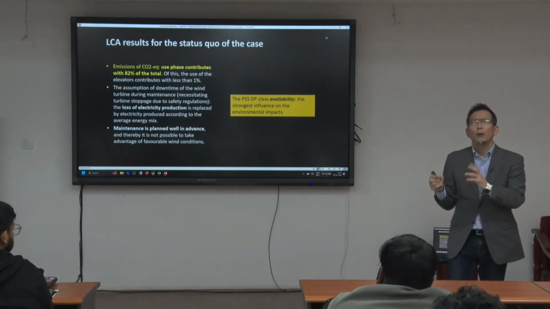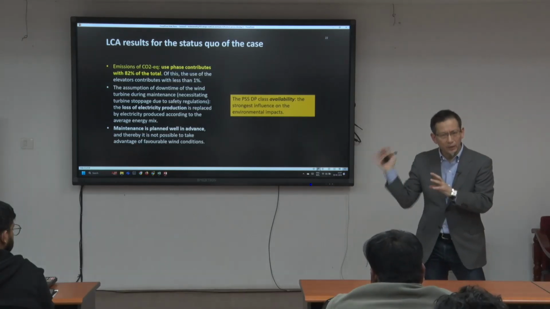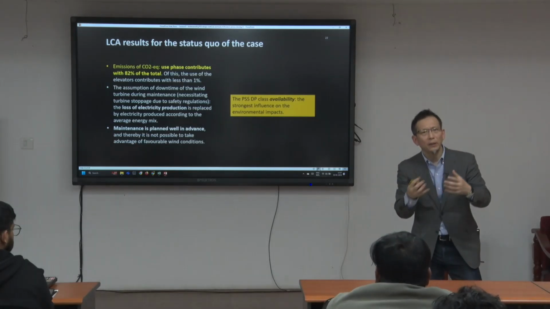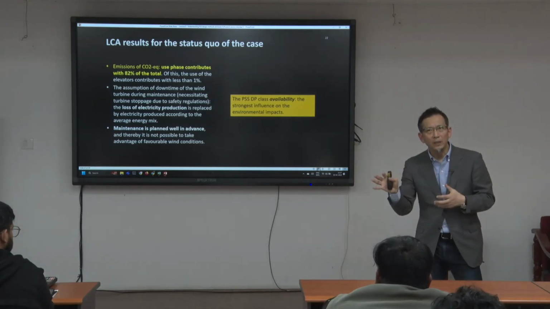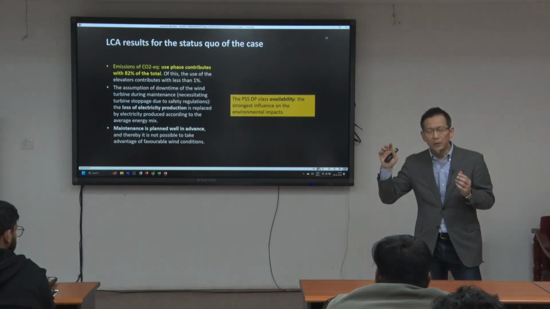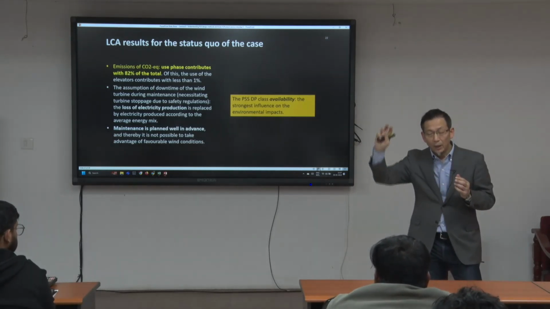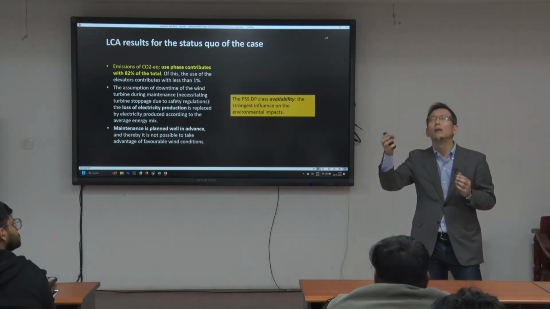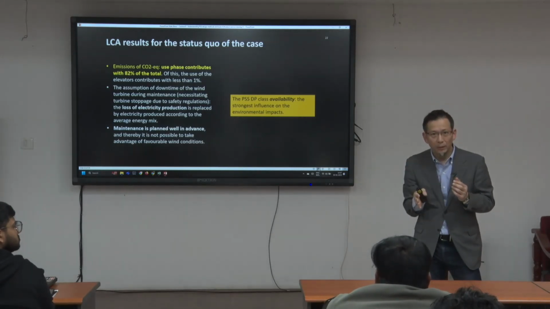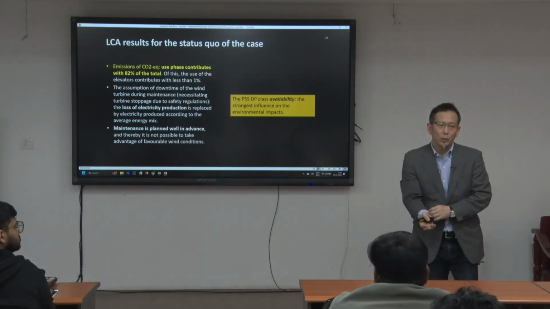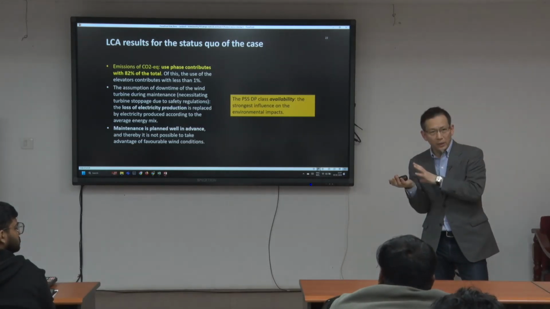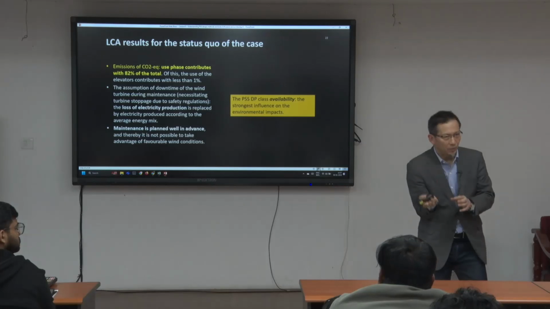Okay, so there are maintenance activities for this elevator. That's the service by this elevator manufacturer. And when maintenance takes place, because of the safety regulation, the windmill must be stopped. In that situation, renewable energy is not produced, right?